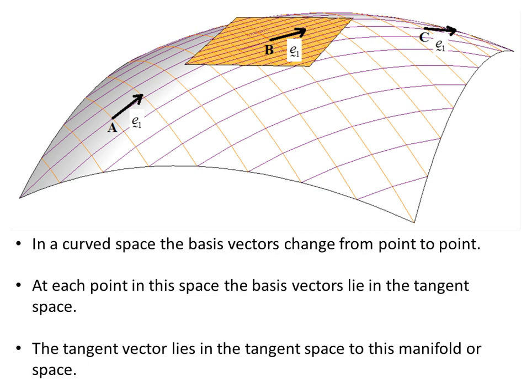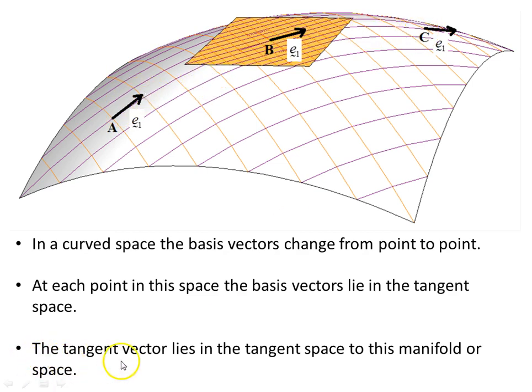Now, in curved space, the basis vectors change from point to point. So the basis vectors here, here, and here change from point to point on the manifold or in the space. At each point in this space, the basis vectors lie in the tangent space. You can see here, they're tangent to the coordinate curves.